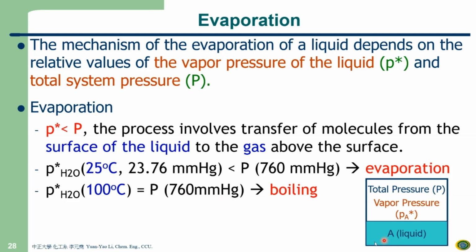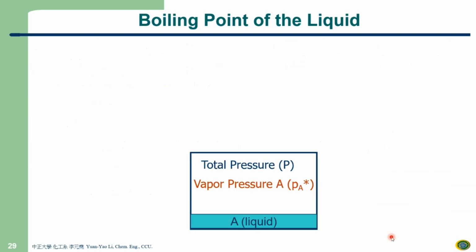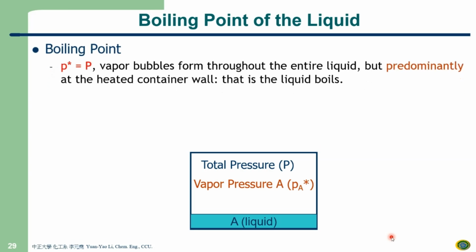And this time, all the water molecules inside the liquid will start to boil. So for the boiling point of the liquid, Pi star will be equal to capital P, the total pressure.